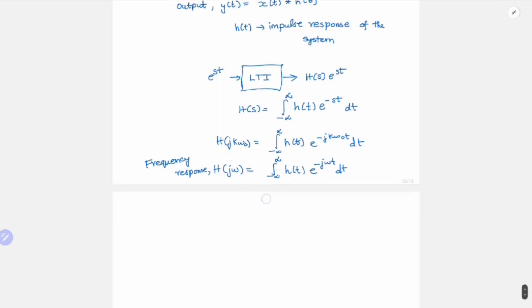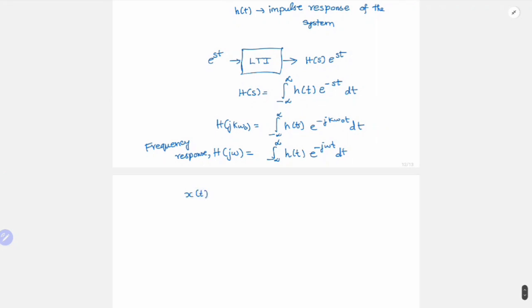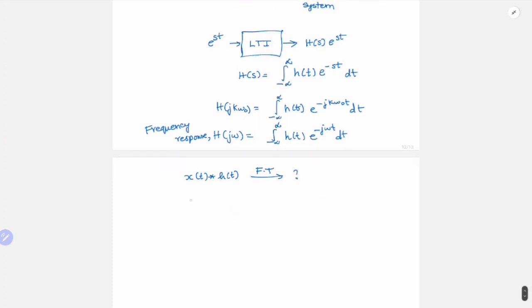So now let us see what happens to the convolution property in the Fourier transform. So we know y of t, given by x of t convolved with h of t, is nothing but integral minus infinity to infinity x of tau h of t minus tau d tau, right?